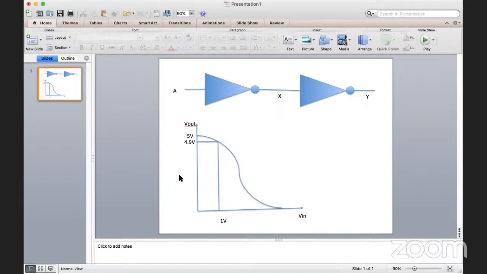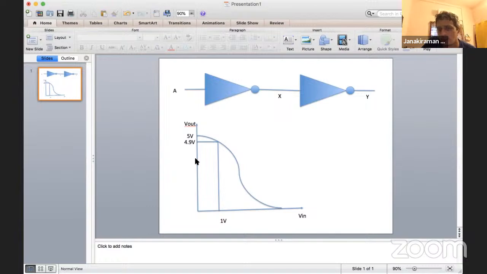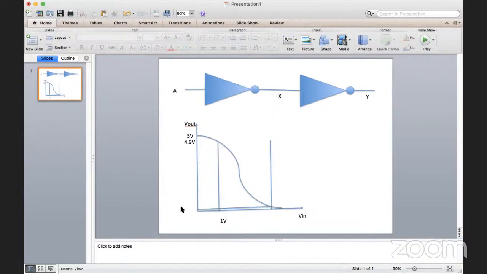Yes, sir. Now you take 4.9 volt as the input for the second inverter. Where is 4.9 volt on the input? That is somewhere here. You understand? Then you have to find out for that inverter what this value is. Correct?